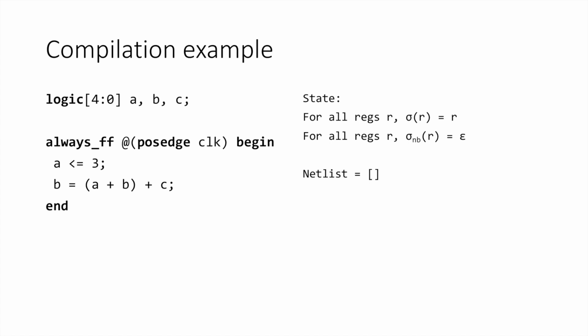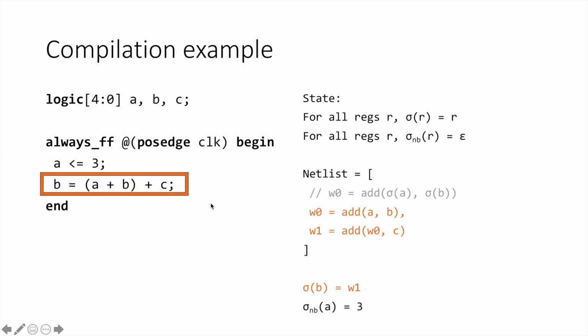In Verilog we have 2 different kinds of assignments, non-blocking and blocking assignments. We keep track of these using 2 maps, sigma and sigma non-blocking. Now we need to create a netlist for this Verilog code. Compiling the first line is quite straightforward because the right-hand side is simple. We do not need to add any new cells, we can simply update the sigma map, saying that A is now free.